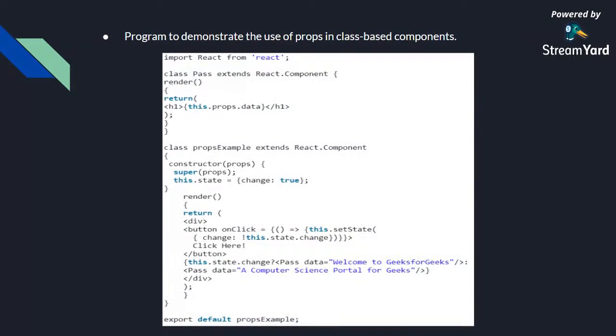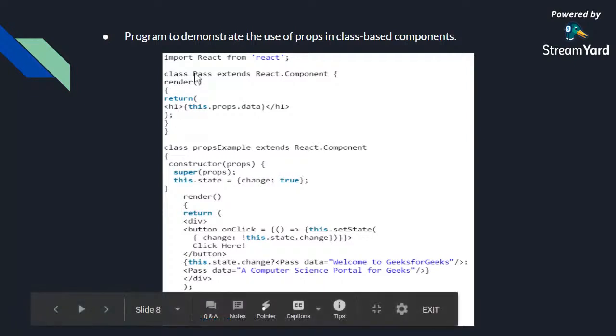So this is another example demonstrating how to use props in a class-based component. We can pass values or states from a parent component to a child component, right? So how can we use props in a class-based component? Here it is.